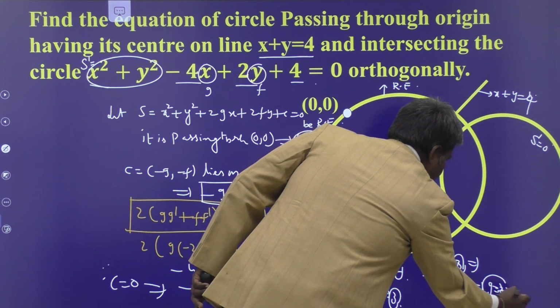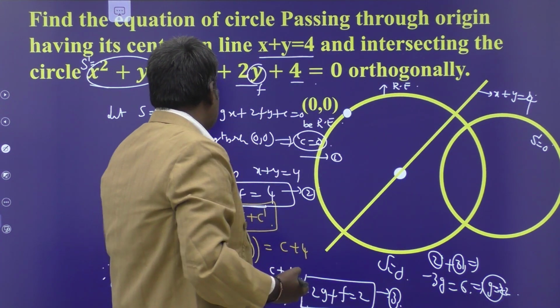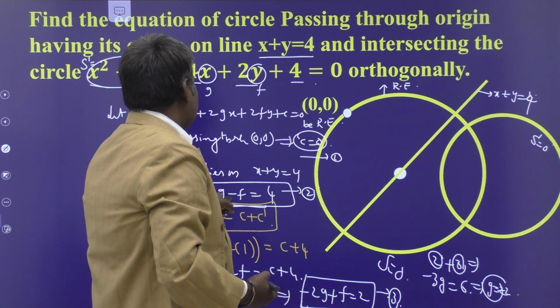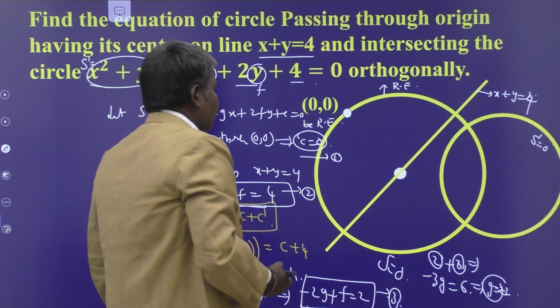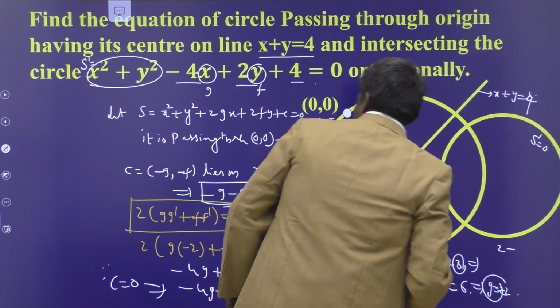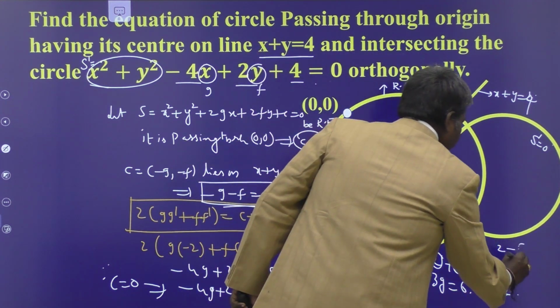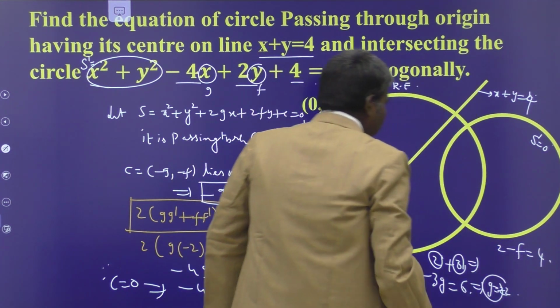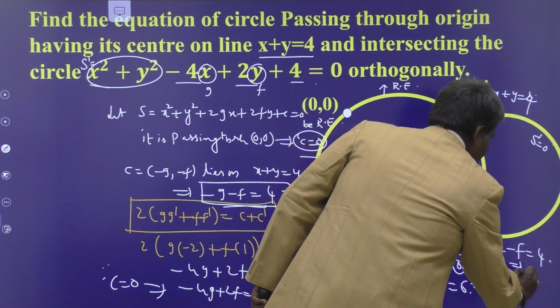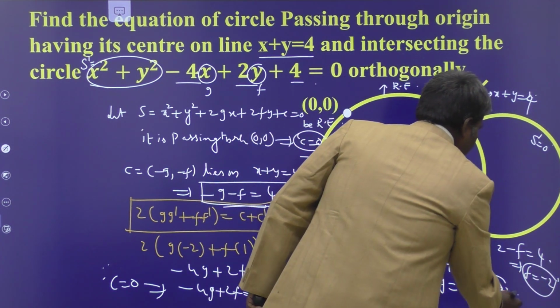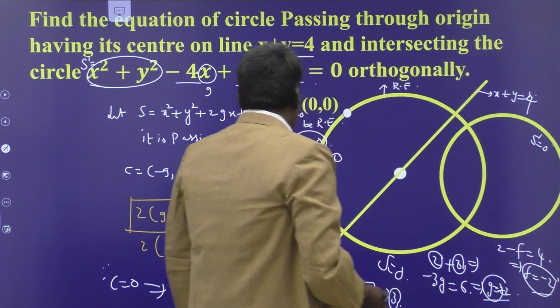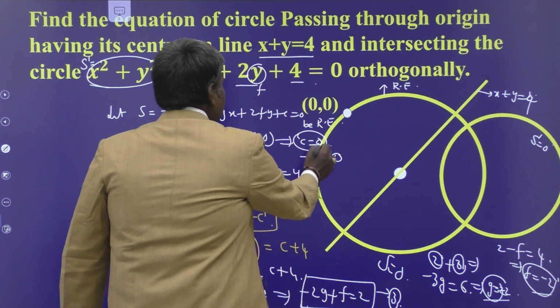So the value of g is minus 2. Substitute g equal to minus 2, what happened? Minus of minus, plus 2 minus f equal to 4. Plus 2 minus f is equal to 4. Implies f is equal to minus 2. G equal to minus 2, f equal to minus 2, already c is equal to 0.